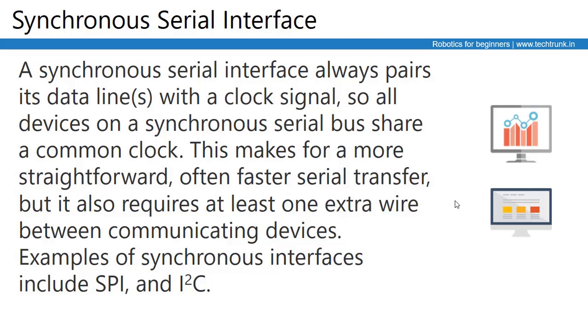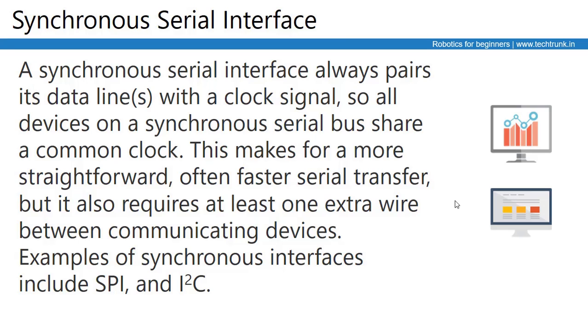There are several synchronous serial interfaces like SPI, that is serial peripheral interface, and I2C, that is inter-integrated circuit, which is also called TWI, that is two-wire interface. These two are synchronous serial interface protocols which are widely used in industry for communicating sensors and some other microcontrollers with programmable systems and microcontrollers.